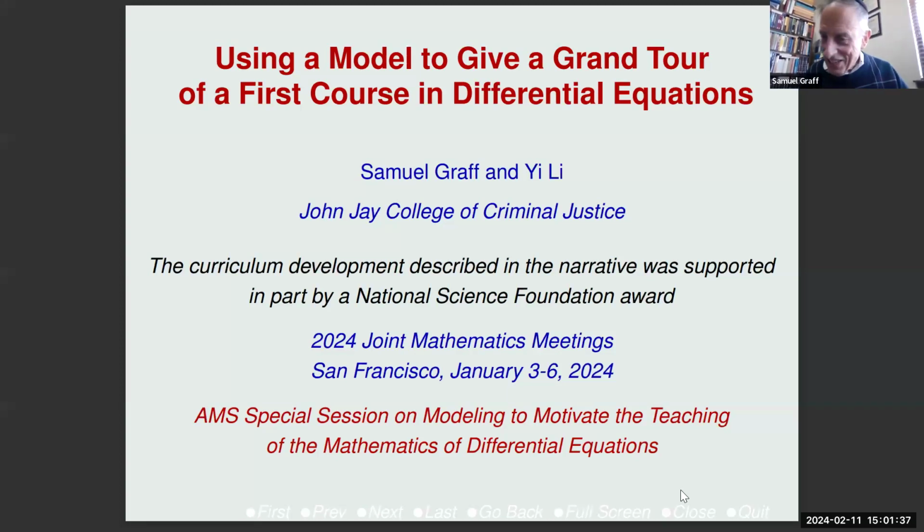I set it aside completely, and I decided to, in some way, give a grand tour of the course that was very minimal on computations, but trying to emphasize the power of differential equations, what it could do, and in a way to fulfill what I've often said in my calculus classes, that the differential equations course is where the rubber really meets the road.